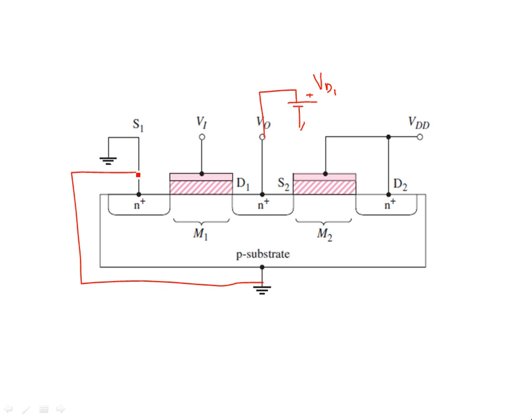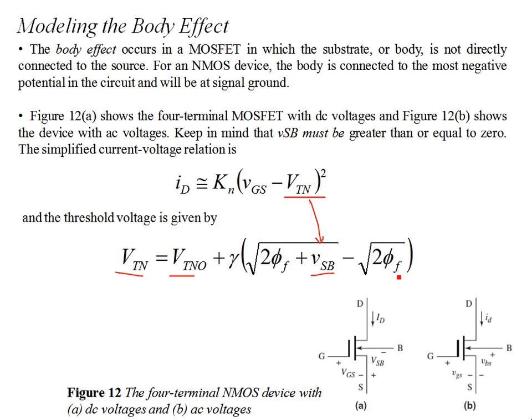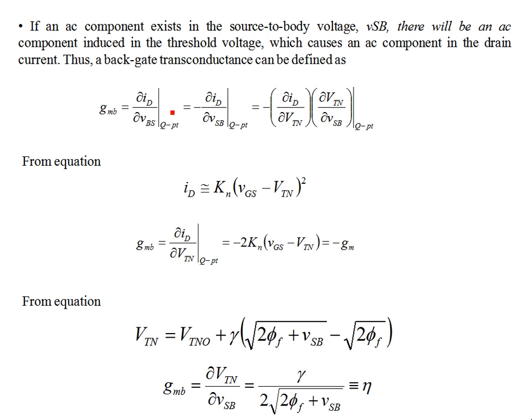It is true for M1, but for M2, the source is not at ground. By ground, I mean it's not at the same potential as the body. So vsb is non-zero. That means in the expression of the current and VGS characteristics, VTN also depends on vsb. And due to that, if there is an AC component, you have to consider the back gate transconductance, which we discussed last time.